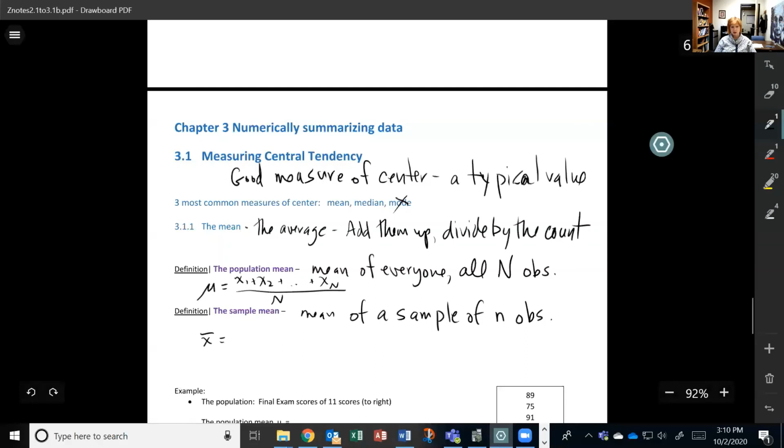There's going to be fewer than capital N; they'll just go up to what little n is, divided by little n. A shortcut for this is the sum of xi over n, where this capital sigma means sum of, and this will be the sum of the x's. Oops, this is a capital N, and this is a little n.